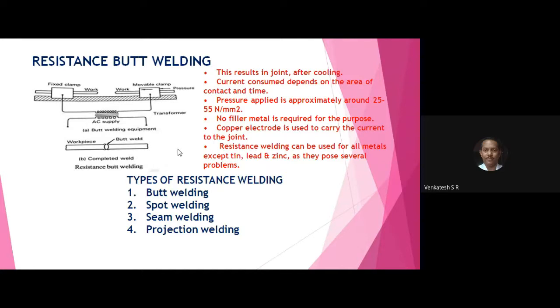With neat sketches, explain briefly the types of resistance welding. This completes the fourth module. I will start the fifth module Monday.